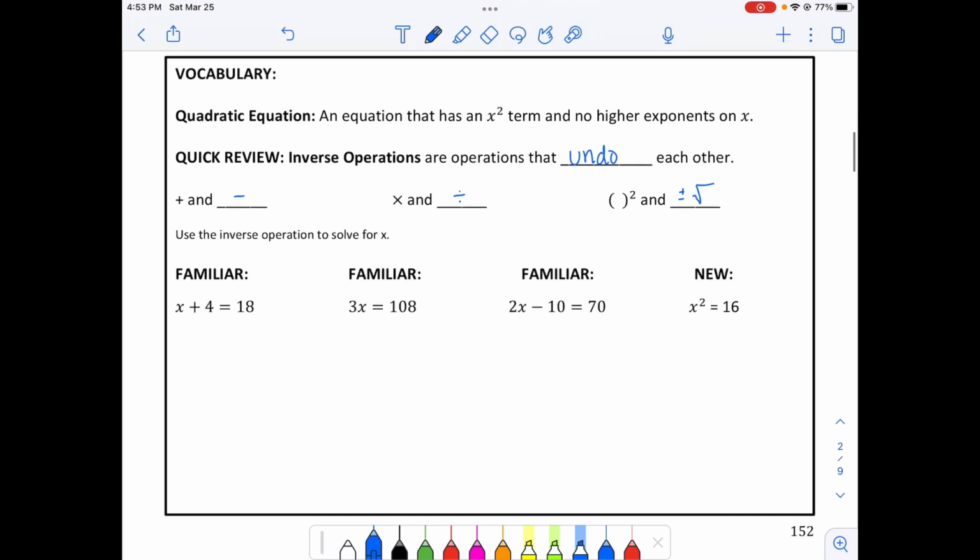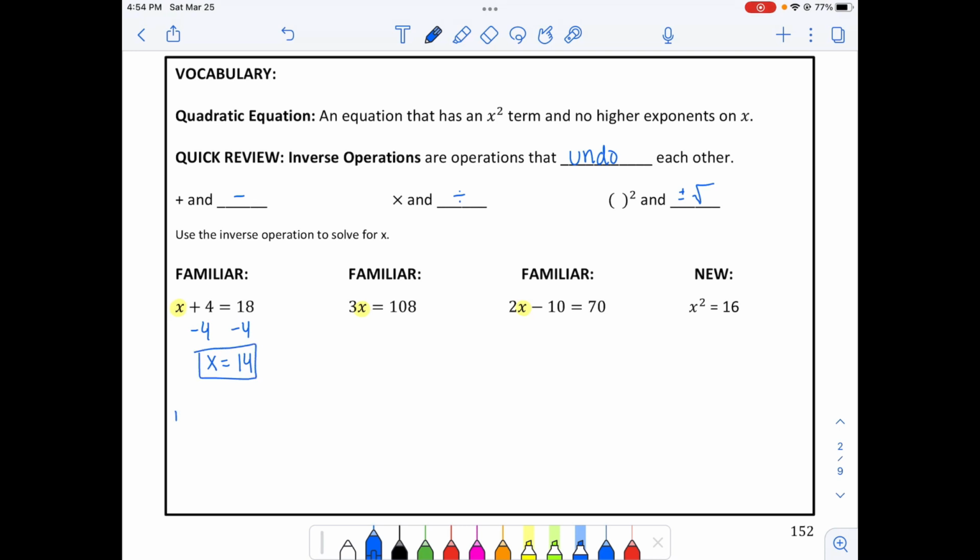So as a quick refresh of how we would use inverse operations to solve for x here, I'm going to highlight the x that we're solving for in each of these equations. I have x plus 4 equals 18, or what plus 4 equals 18. And to solve this, I could subtract 4 from both sides. So 14 plus 4 equals 18. That's my solution.